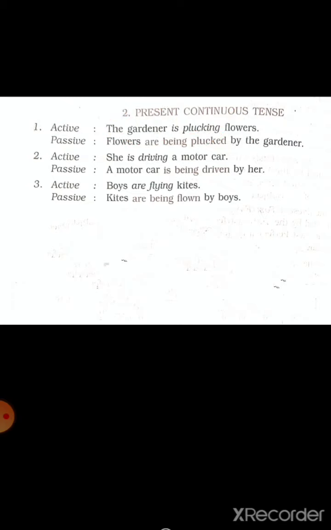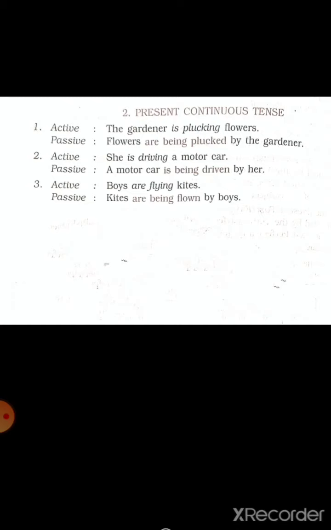Obviously the object will become subject and the subject will become object. Flowers is in plural form, that is why are. After that being, as it is continuous tense. Pluck is the main verb; the third form of pluck is plucked. After that by the gardener. So flowers are being plucked by the gardener.